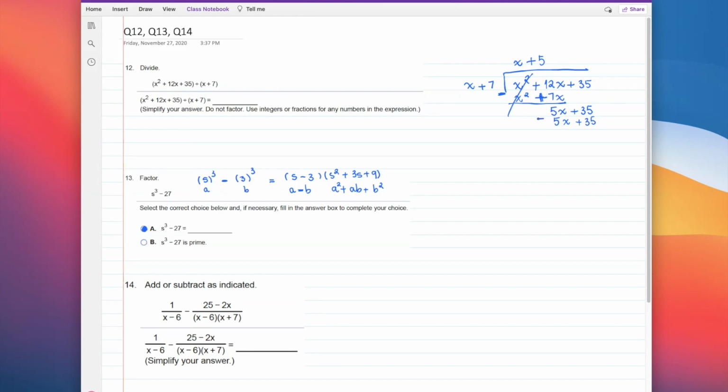Then you subtract to see if there is any left over. This disappears, and 35 minus 35 also disappears. So there is no left over, and you're done. When you divide this quadratic trinomial by this binomial, you get the answer x plus 5.